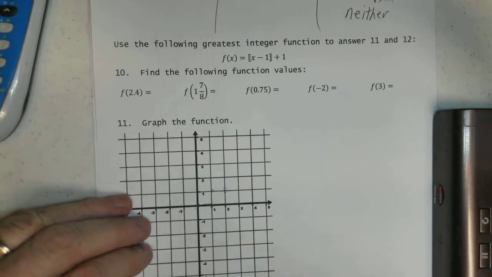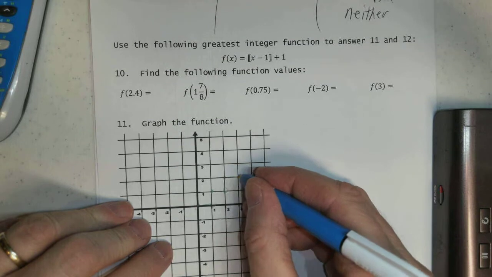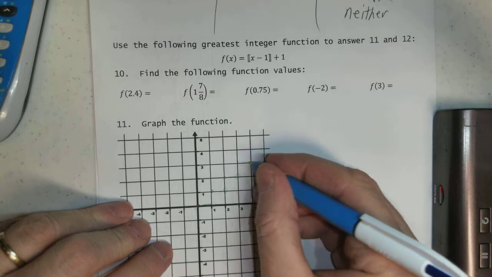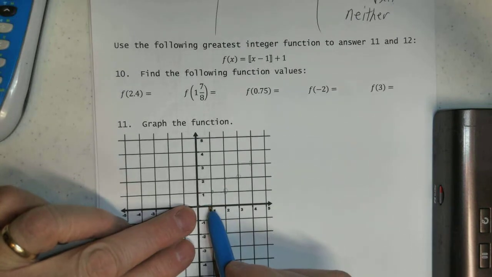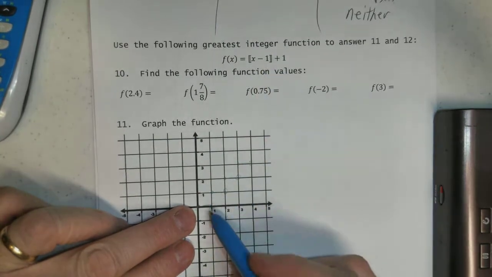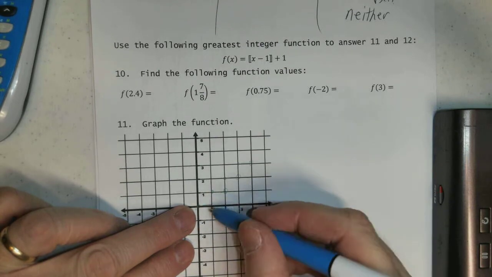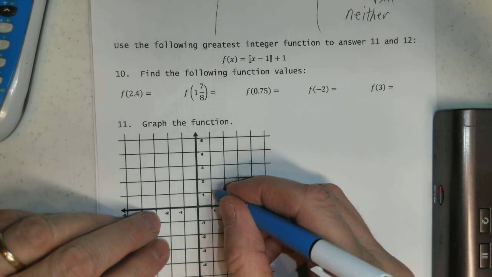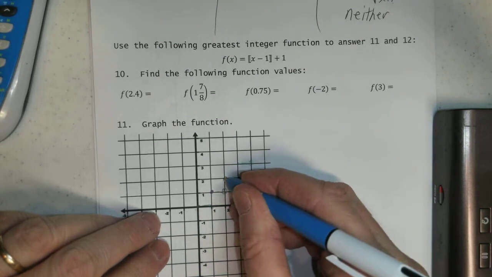Remember the parent function for the step functions is up here, open circle, up here, open circle. Alright, I'm going to shift this 1 unit to the right and 1 unit up. Oh my goodness, look at that. That is right where it was.